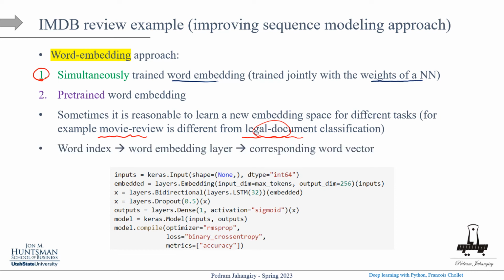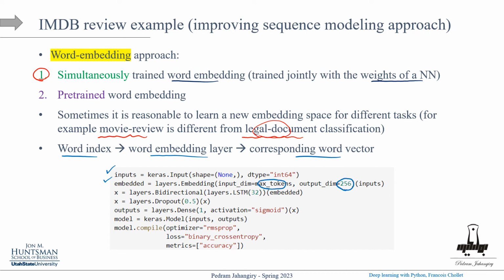So here's the process. We get the word index, which is going to be high dimensional. We apply the word embedding layer, and the output is going to be the corresponding word vector, which is lower dimensional. So again, this is our embedding layer. We are going from the size of 20,000 to, in this example, 256.